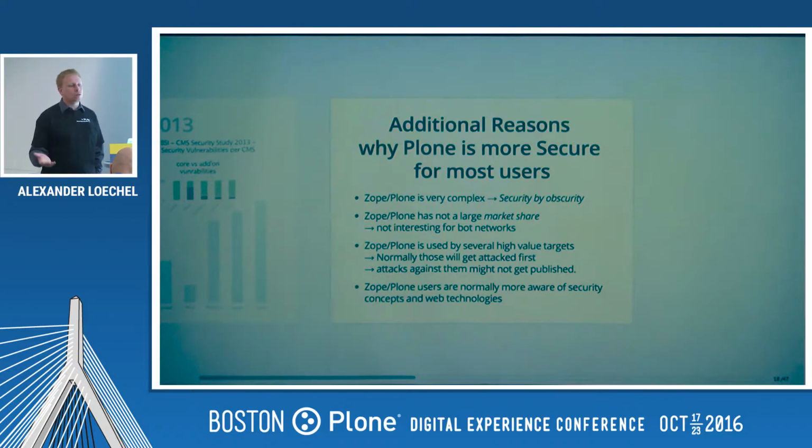So it's not interesting for botnets or hackers that try to get a lot of sites hacked to do something with them. And it's too hard for them with Plone, so you just have to be above the limit of getting attacked. That doesn't mean that you're more secure than the others.